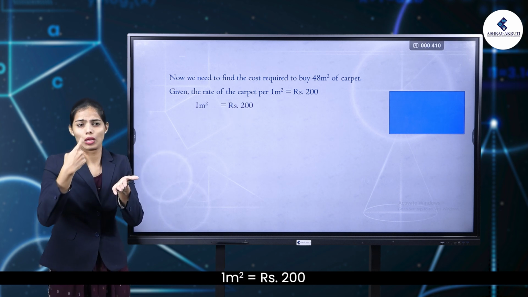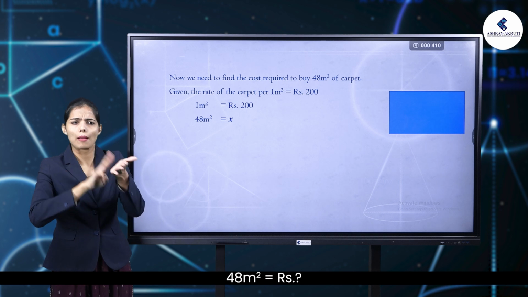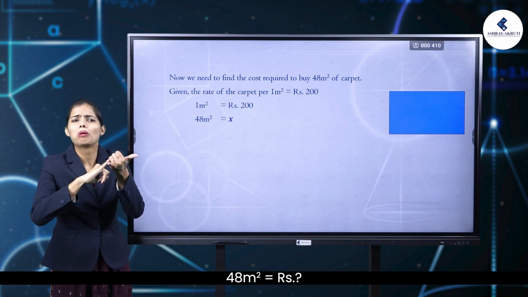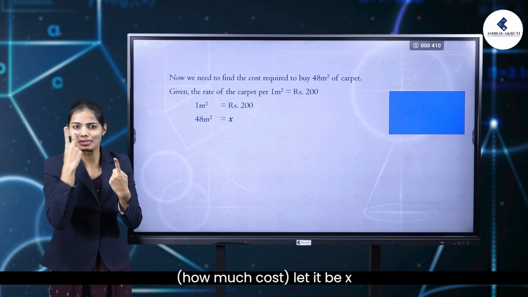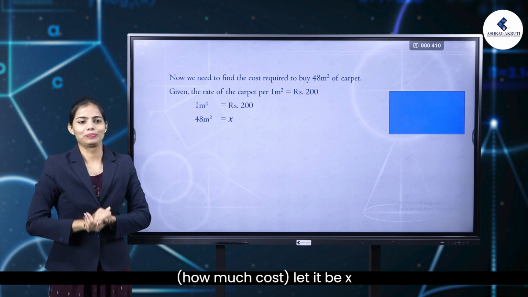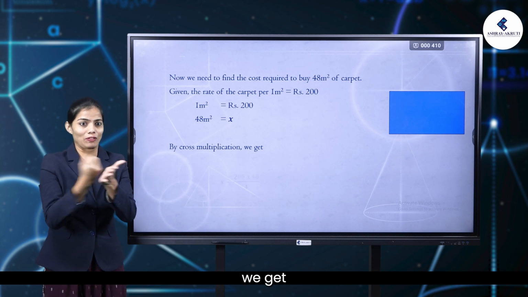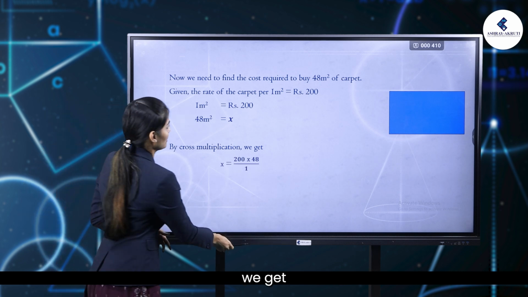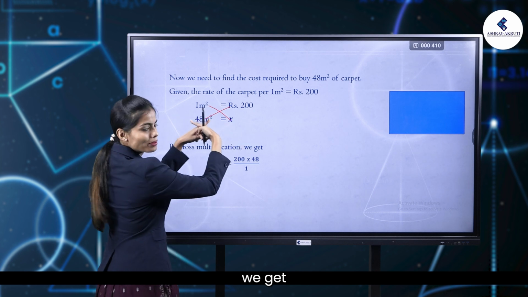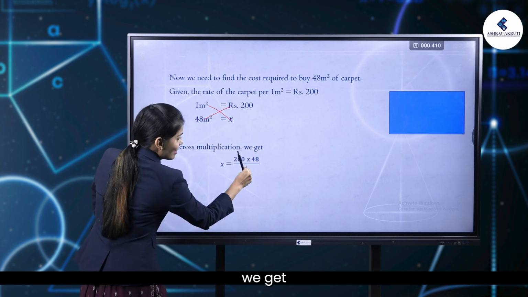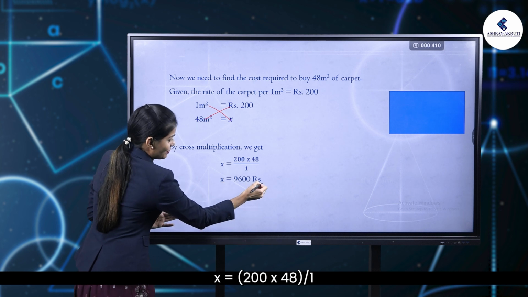1 meter square is equal to rupees 200. 48 meters square is equal to rupees. How much cost? Let it be X. By cross multiplication, we get x is equal to 200 into 48 by 1.